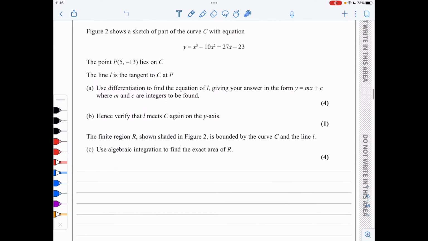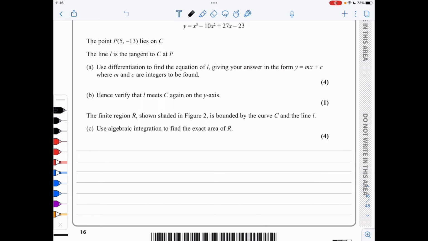So we will start by differentiating. It's a polynomial, so we simply bring the power down and deduct 1 from the power to get 3x squared minus 20x plus 27. We then evaluate dy/dx at x is 5 in order to get the gradient of the tangent at this specific point.